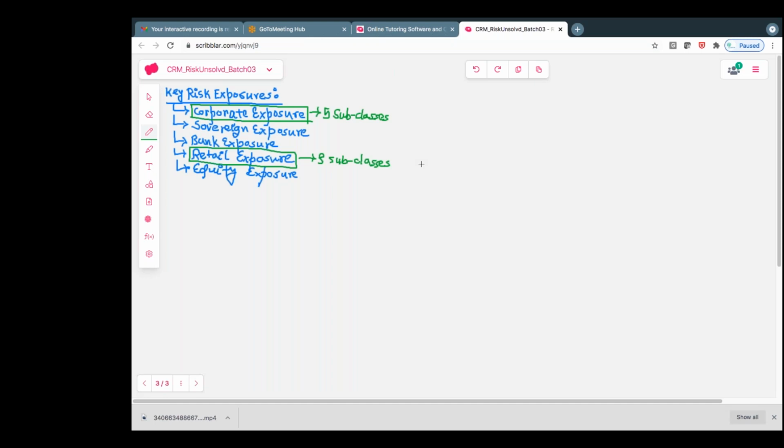So we will take up each of these exposures, we'll define them, and from there we will see how to identify them and how to work with them. Right. So we'll first talk about the corporate exposures. We'll talk about the retail exposures, and so on. So let's start off with the corporate exposures first.